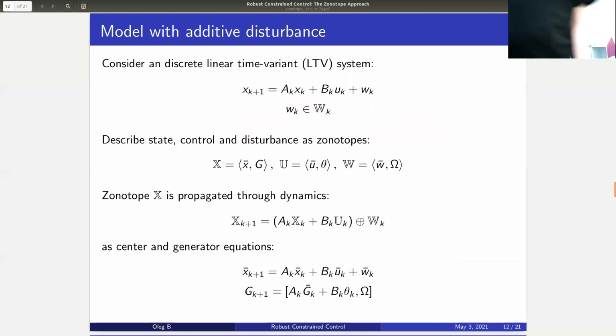Okay. Next part, it's additive disturbance, when our disturbance is a zonotope. It's very similar to the previous concept, but in propagation we have not just summation, but Minkowski sum.